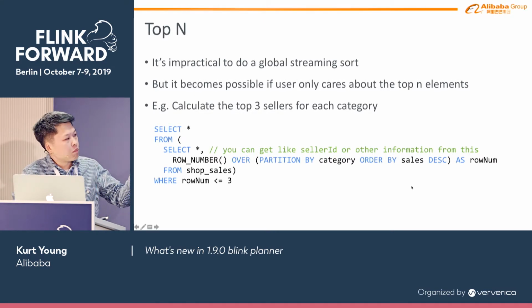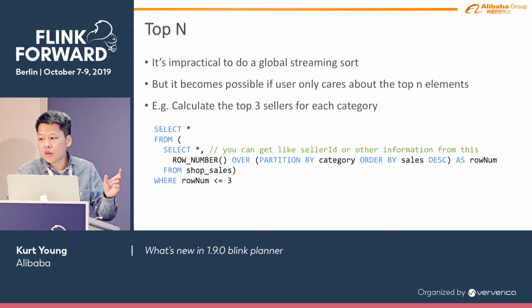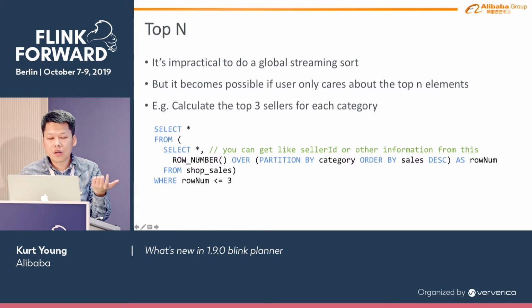We will borrow the over window for this case. In the over window, we partition by the category and order by the sales. We also generate the row number for each record, and select other information through select star. In the outer query, we limit the row number: if you want the top 3, you can have the filter less than or equal to 3.